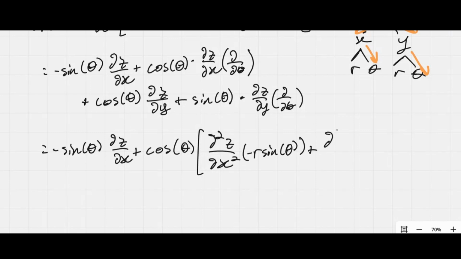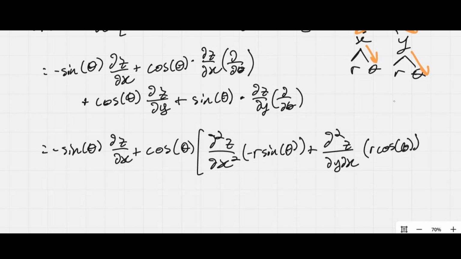That's going to be added to the second order partial of z with respect to y, multiplied by r cosine theta, because we know that r cosine theta is the partial of y with respect to theta.